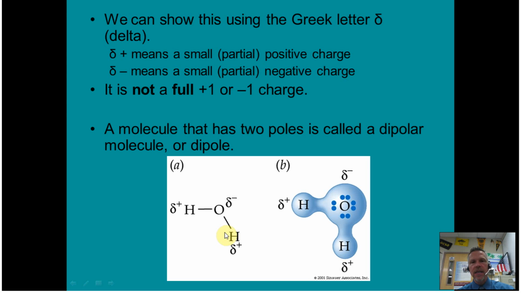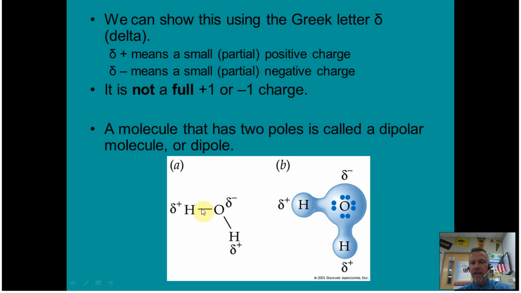That's a way of indicating that the bonds in this molecule are polar. They are unevenly shared between the constituent atoms. And oxygen, by pulling those electron pairs closer to itself, actually develops a small partial negative charge.